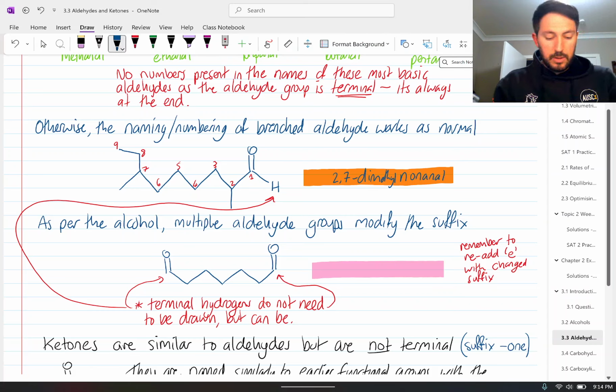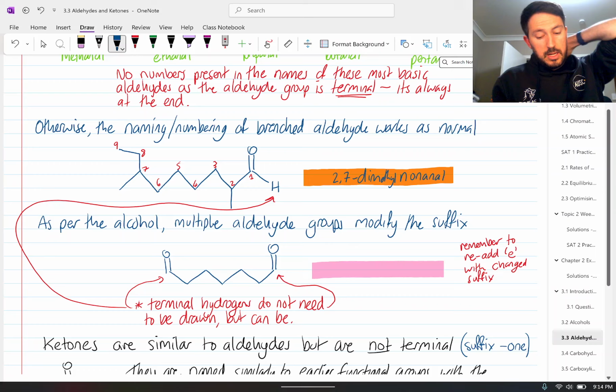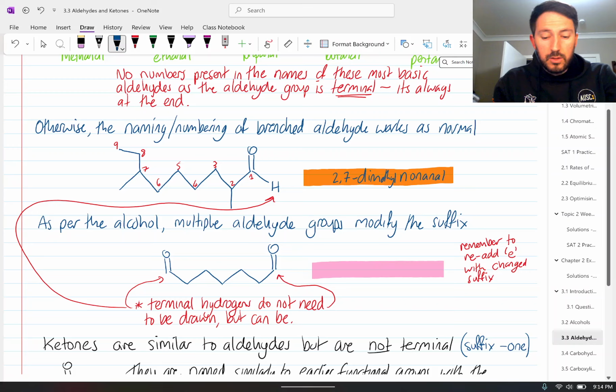So, naming this one. Because we have 2 aldehyde groups, it is going to be a dial. Just like if we had a diene or a diol for our alcohols, dial is what we're going to be using here.